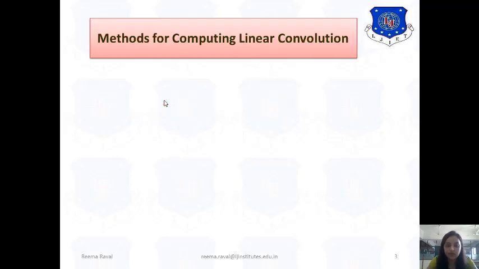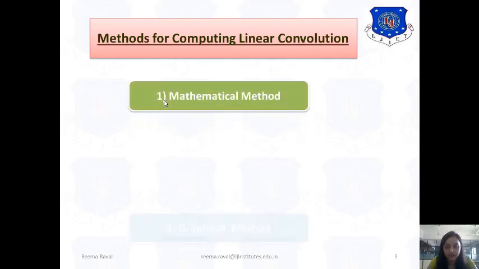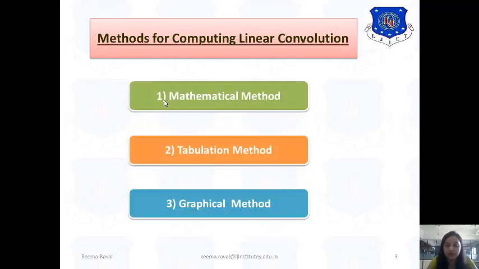The methods of computing linear convolution are the mathematical method, tabulation method and graphical method. We have seen all of these methods individually in previous sessions: a particular session for the mathematical method and its examples, then a session for the tabulation method, and other sessions for different variants of the graphical method.